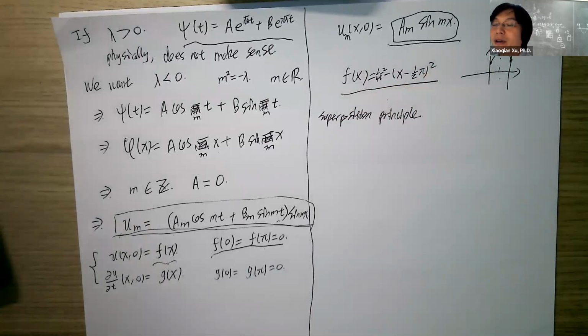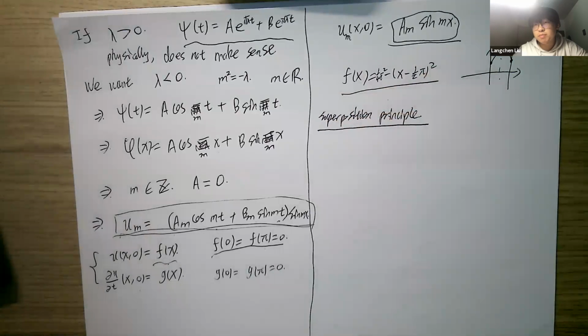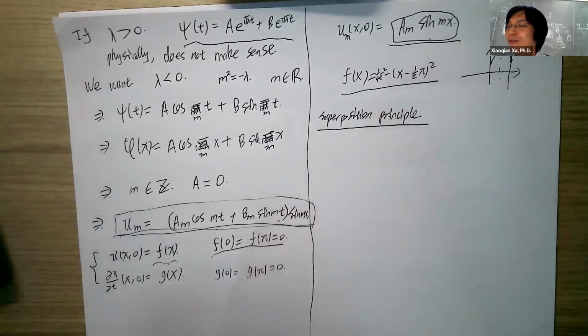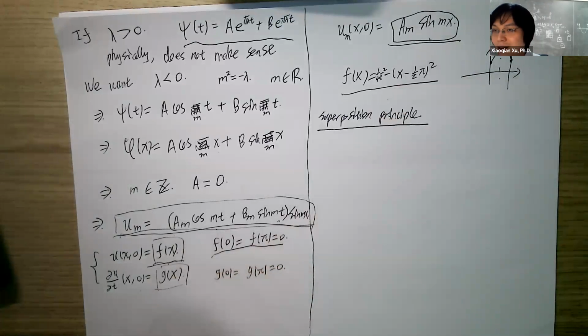Since we are discussing the linear partial differential equation, it has the superposition principle. Although any single solution cannot be of this form, what if we try to make a linear combination? If we do, can it approximate this f(x) and g(x)?